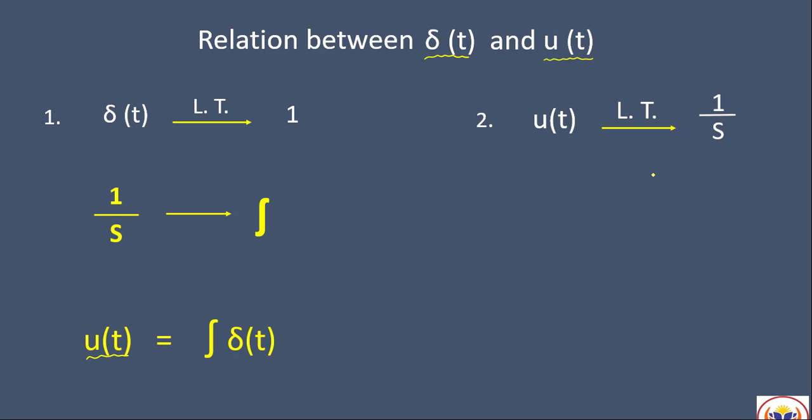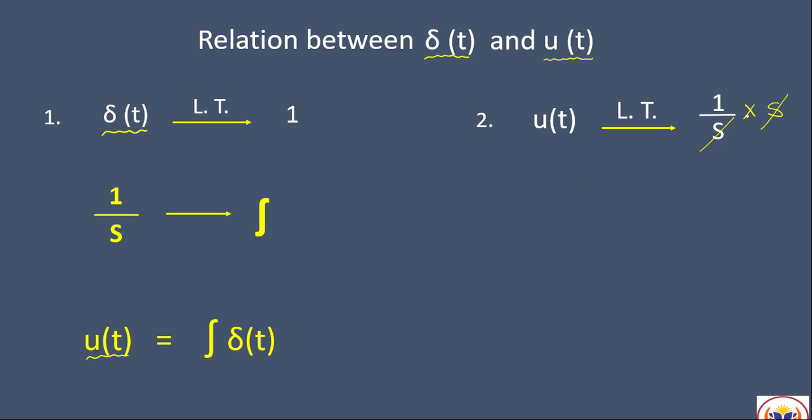Now similarly, if I want an impulse signal whose Laplace is 1 from a step signal whose Laplace is 1 by s, I have to multiply 1 by s with s so that these two cancel and we have only 1, which is the Laplace transform of del of t.